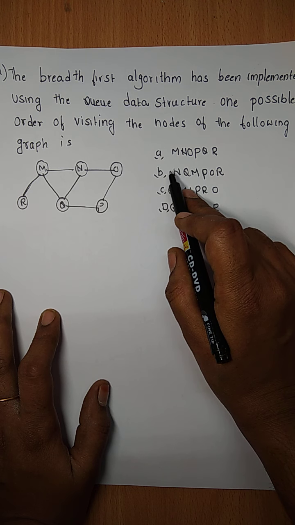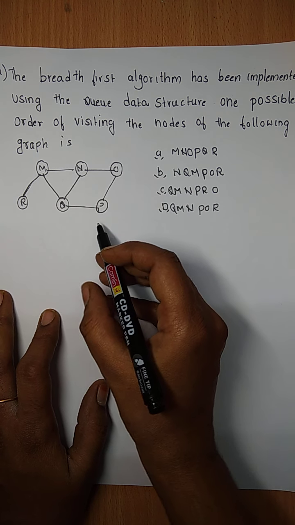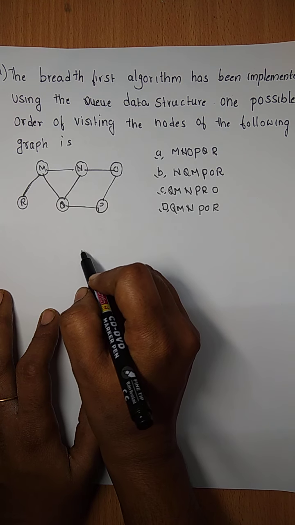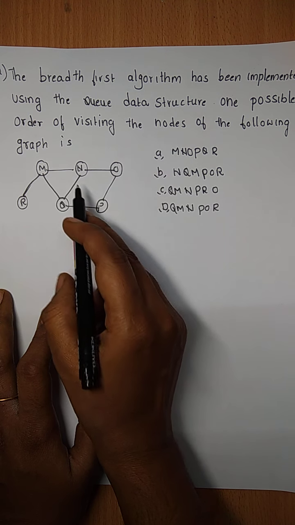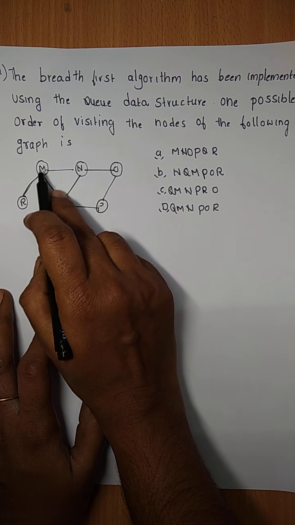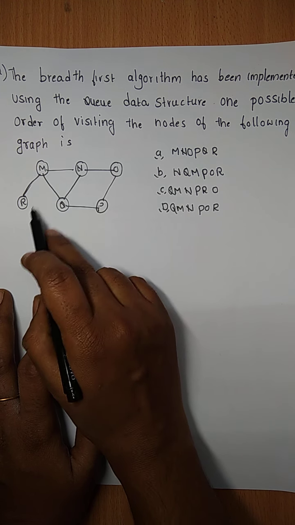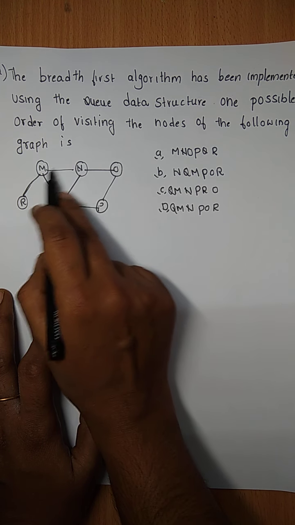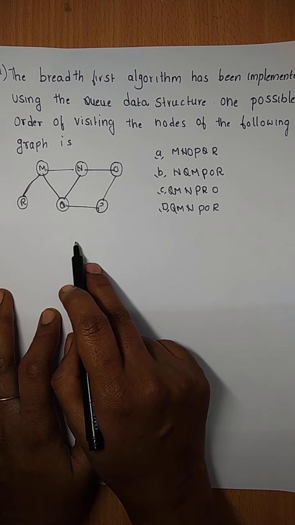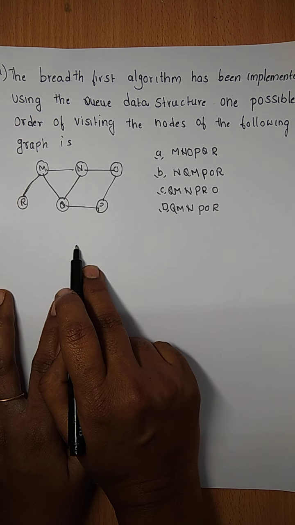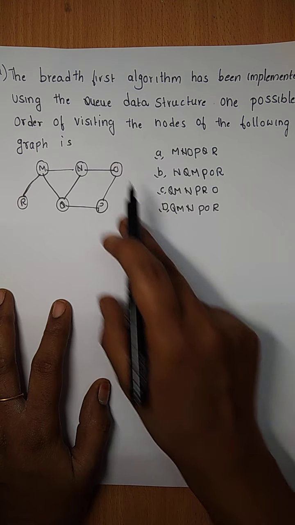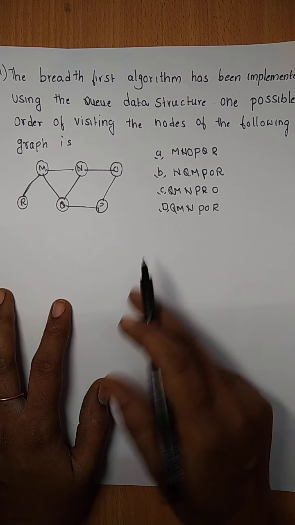For that purpose, we use the queue data structure. To implement BFS traversal using a queue, first you select any one of the nodes as a starting vertex, and we insert all adjacent non-visited vertices of that selected vertex into the queue, and we repeat this process until all our nodes are done.